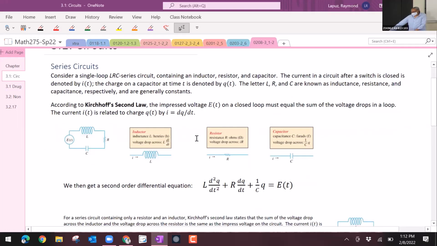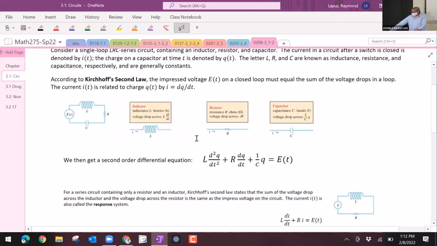Then there's Kirchhoff's law, which says that the voltage on a closed loop must be equal to the sum of the voltage drops in the loop contributed by an inductor, a resistor, and a capacitor. By the way, there's also a relationship between the current and the charge: the derivative of the charge is equal to the current.